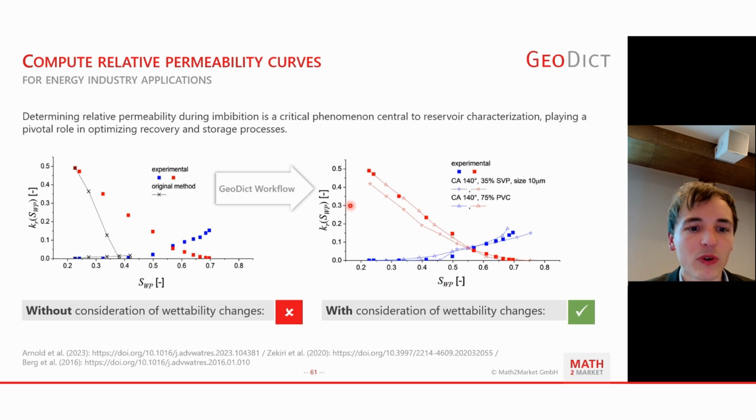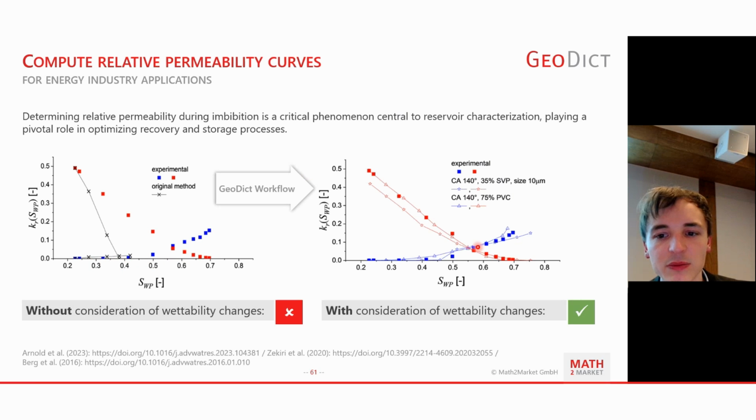As I was mentioning before, considering mixed wet conditions is crucial to obtain correct results. On the left-hand side, you can see the previous method, the pore morphology method, where we didn't consider any wettability changes after the drainage. And as you can see, the relative permeability curves are, compared to the experimental curves, far off what we have measured in the lab.